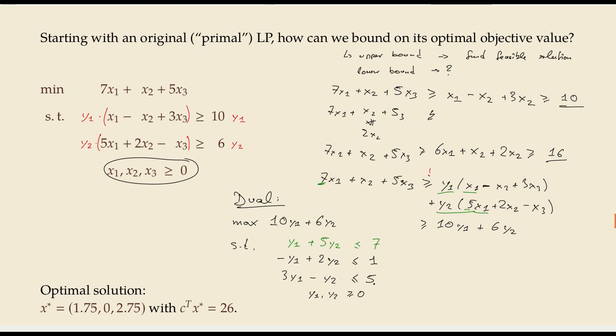And I think this is the way you should remember how you dualize linear programs. You have the idea in mind that you multiply the constraints with certain dual variables so that you get the best bound on the objective you can achieve by that.